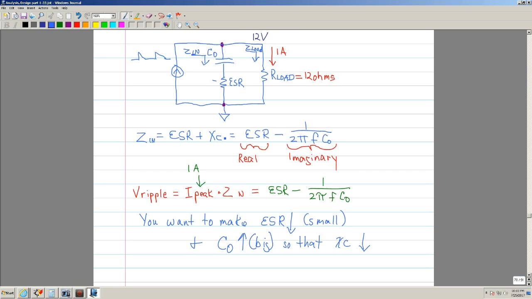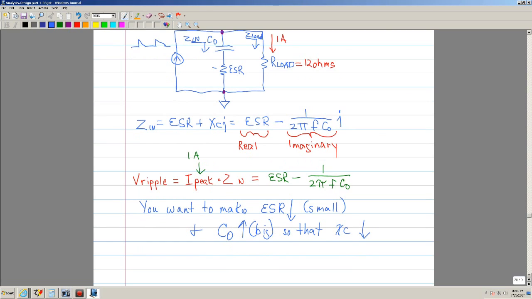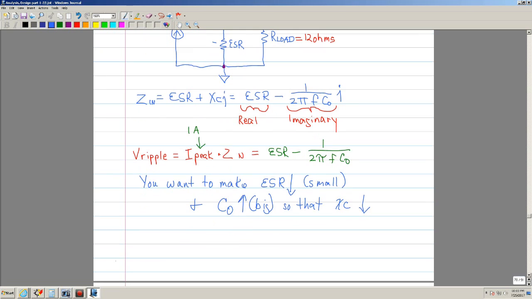If you use phasor notation, you know that since it's a capacitor, it actually takes a negative imaginary value. So basically the impedance is going to be a real part, which is the ESR, and then you have the capacitor. So you have basically two components.